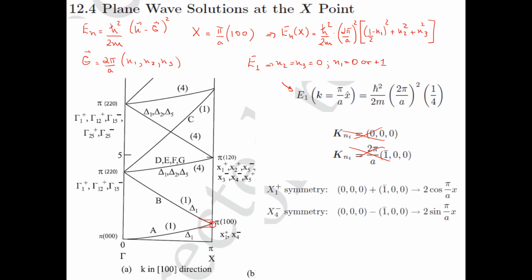In this case, there is a symmetric and an anti-symmetric combination. One is even under inversion. It gives me a cosine here, and the other one is odd under inversion. It's a sine function. This one is X1 plus, this one is X4 minus. Okay, so this was the end of last lecture.